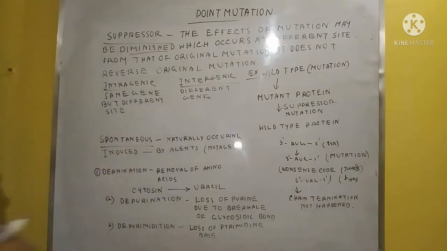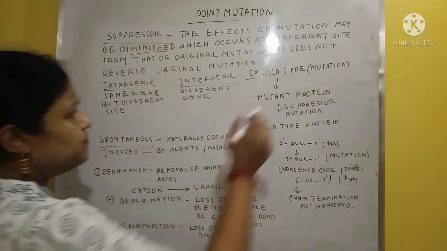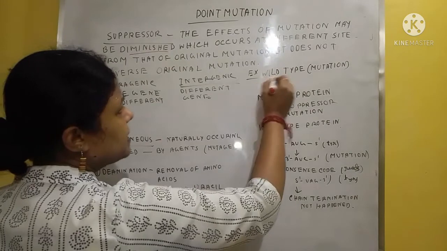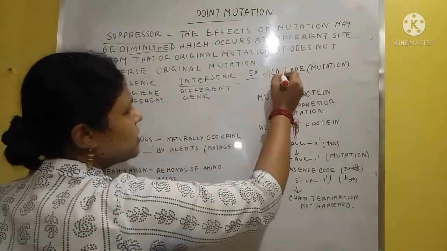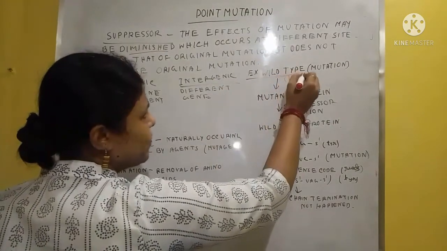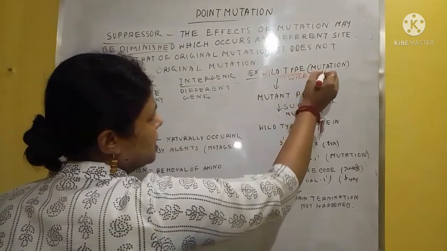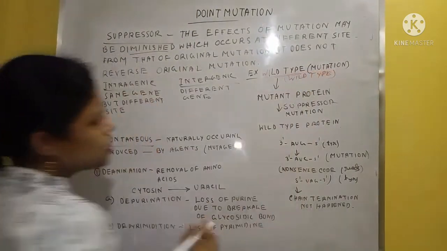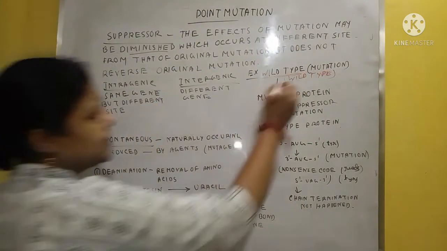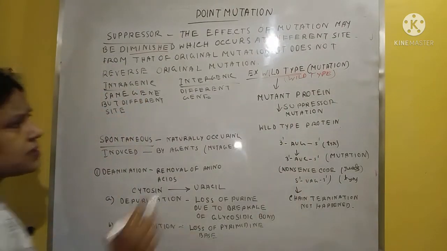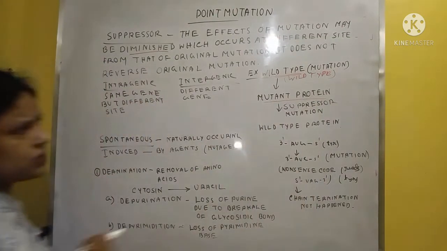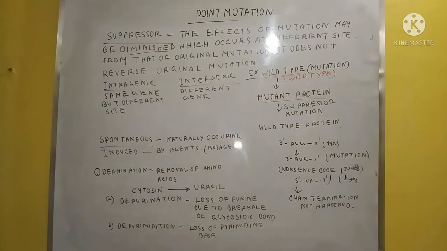There is one example, or it occurs generally in the same gene but a different site, or in different genes. Okay, so suppose this is the example. Here the wild type gene forms the wild type protein. Suppose the wild type protein has to be formed, but due to mutation some mutant protein is formed.